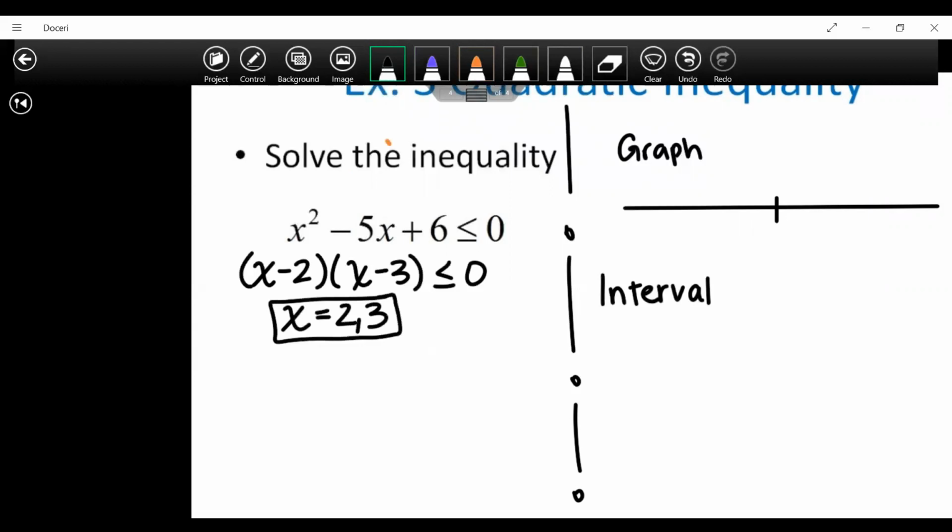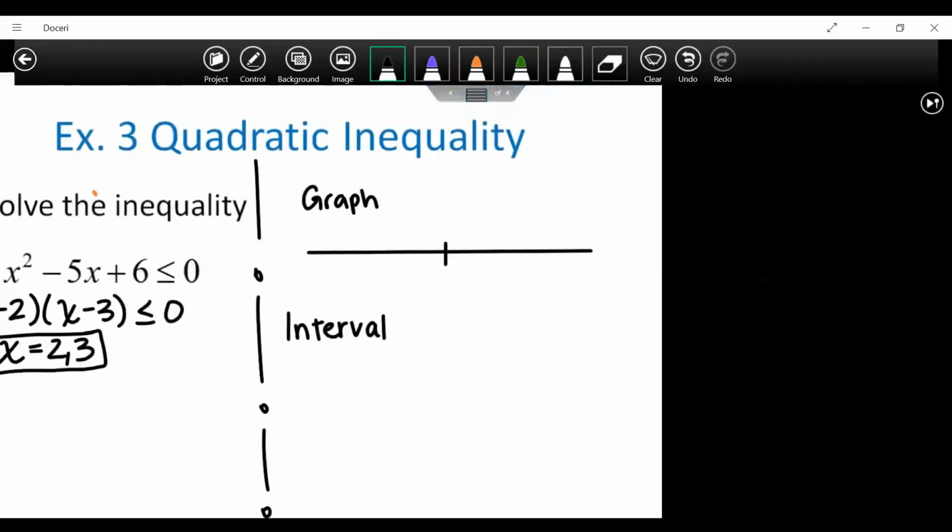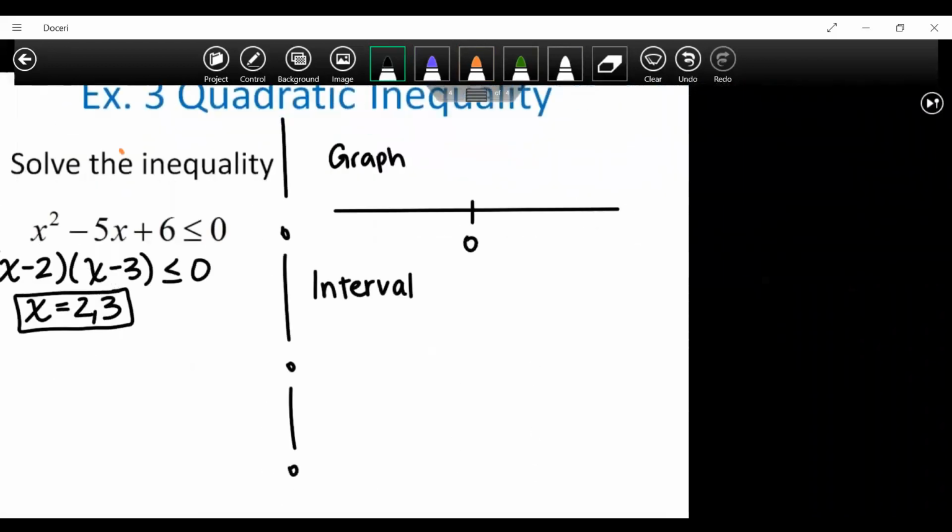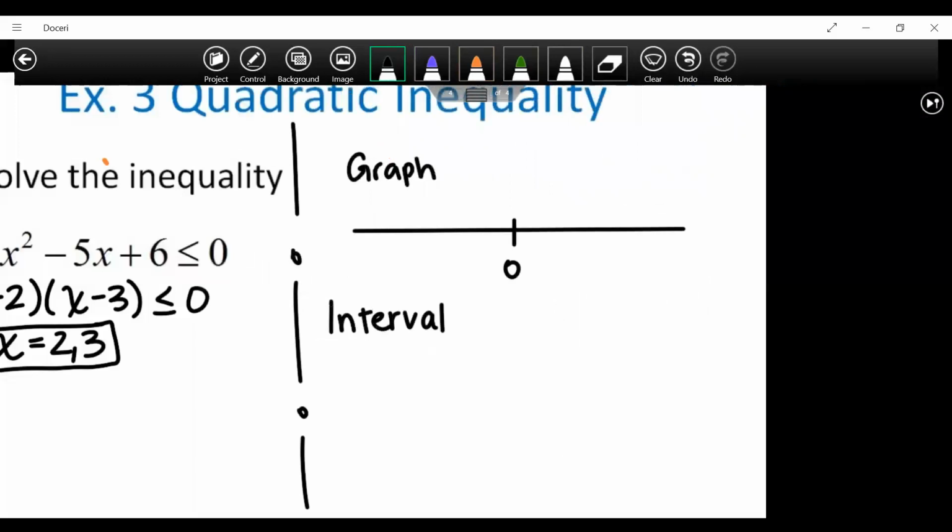I have my values here. So let's go ahead on my number line and graph these in. Let's go 1, 2, 3. And let's make it bigger just so you guys can see it. So this is going to be 1, 2, and 3.